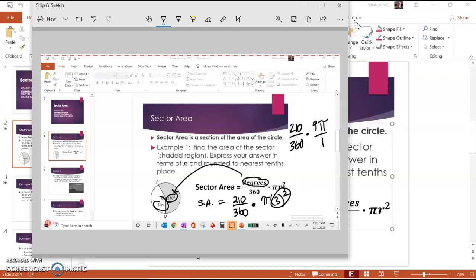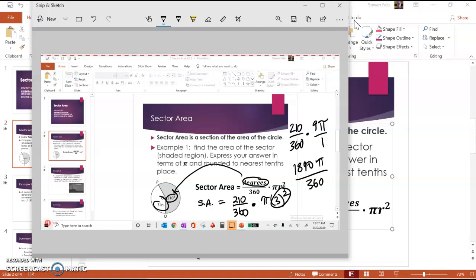So we're going to multiply 9 pi times 210. You should have a calculator in front of you and you should be doing this. 9 times 210 is 1,890 pi over 360 times 1, which is just 360.